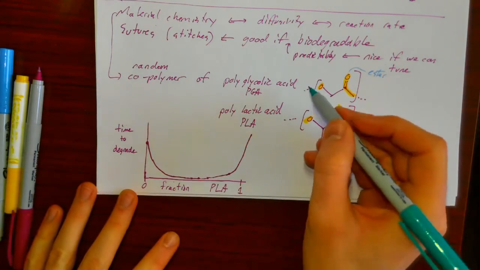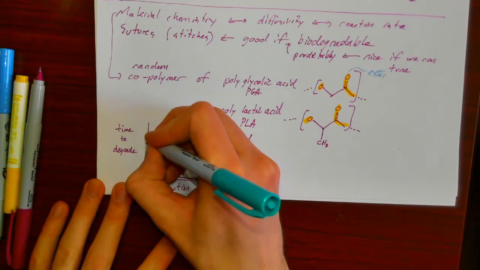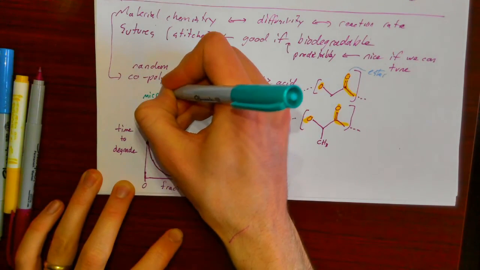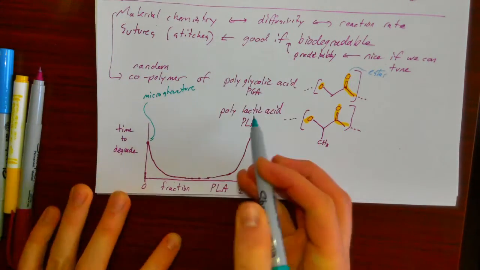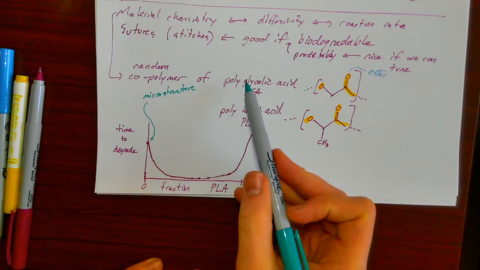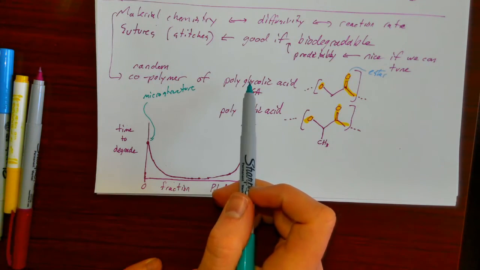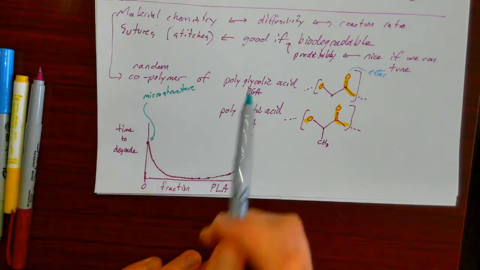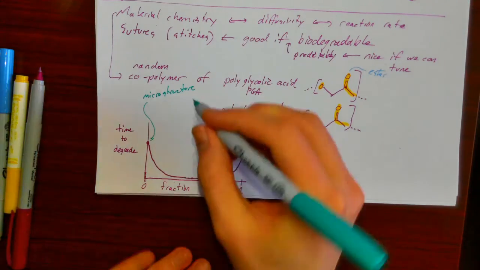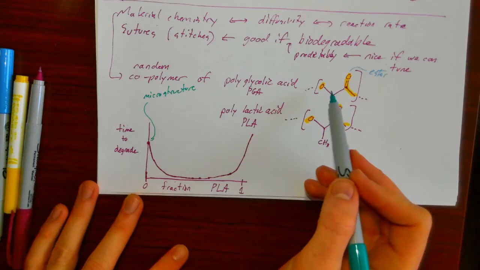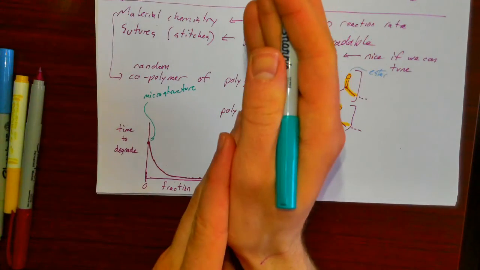So, if we have all polyglycolic acid, what microstructure could we expect? Do we expect it to be amorphous? Do we expect it to be semicrystalline? Well, if we have pure glycolic acid, all of these monomers are the same and they can all pack nicely.